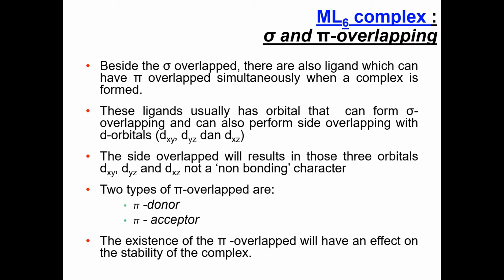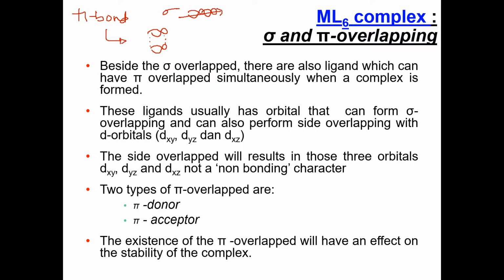Okay, now we look at the pi overlapping or pi bond. Previously with the sigma, the orbital is overlapped along the axis. With the pi bond or pi overlapping, the overlapping is sideways.